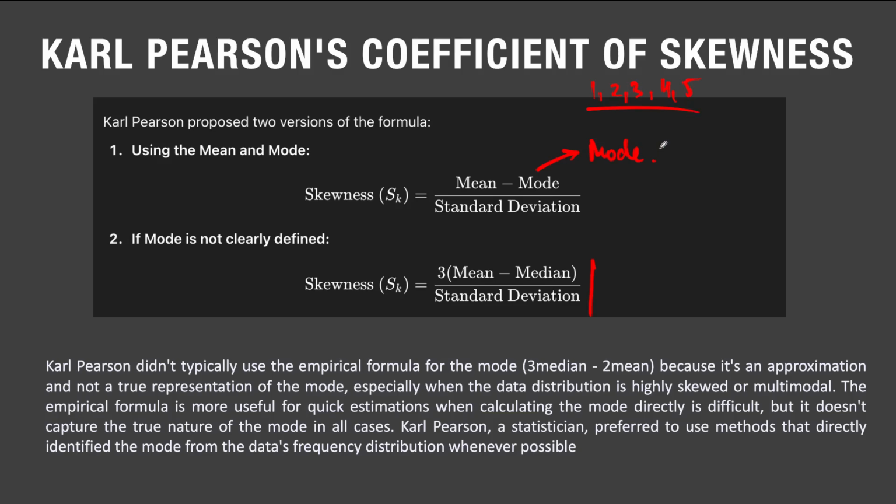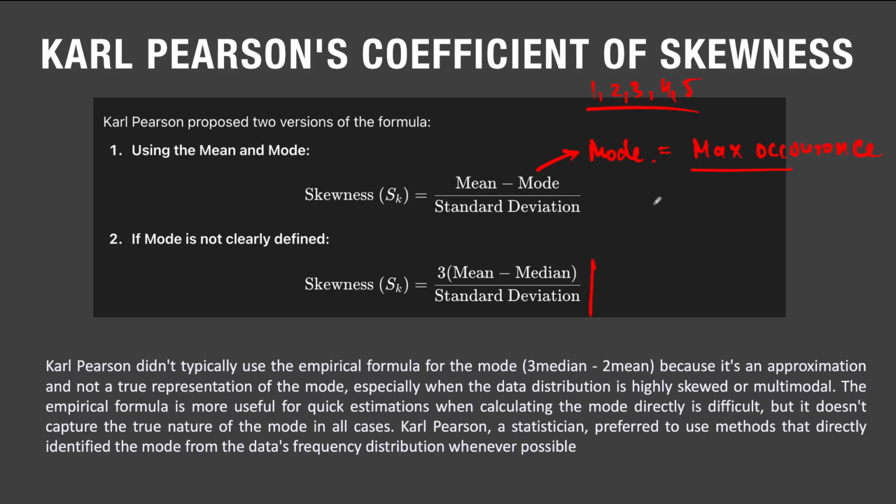Okay. The definition of mode is that any given data set has a maximum occurrence. But here, all of them have equal occurrences. That is why mode cannot be defined.